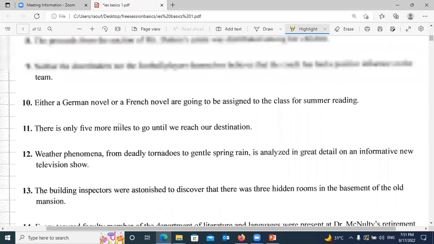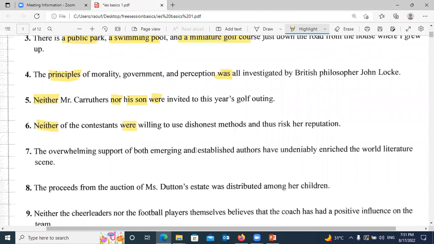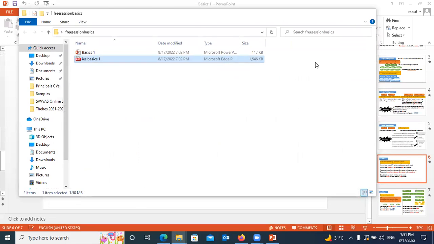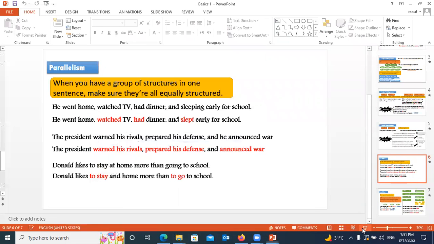I would stop here for the subject verb agreement and go back to my PowerPoint presentation for the rest of today's session. Do you have any question concerning the subject verb agreement? Yeah, I have one question. Yes, please, say it. Your voice is lagging, cutting off.